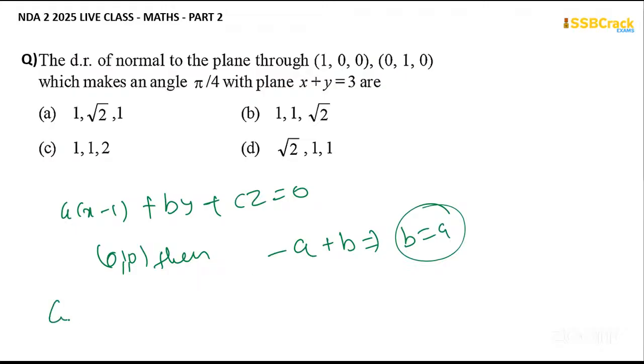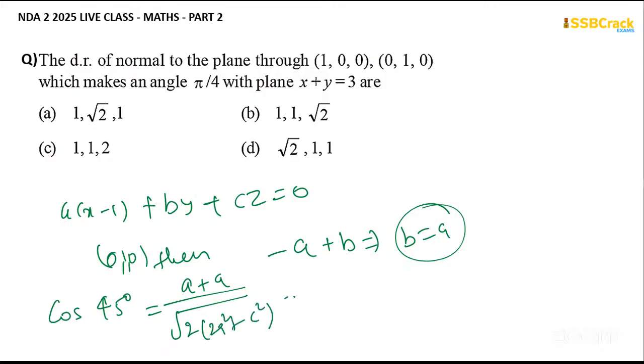Also, cos 45 degrees, I'm using this to find the angle. So it is (a plus a) upon root 2 times root of (2a square plus c square). It means that 2a is equal to root of (2a square plus c square), which means that 2a square is equal to c square.